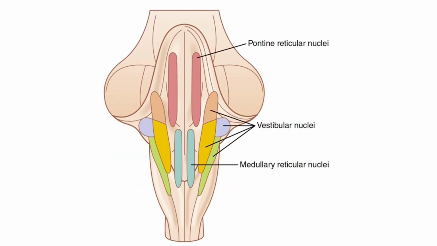Now let's move on to the reticular nuclei. Reticular nuclei are divided into pontine reticular nuclei and medullary reticular nuclei. Actually, these nuclei act antagonistically, in which the pontine reticular nuclei excite the anti-gravity muscles, whereas the medullary reticular nuclei inhibit the anti-gravity muscles.